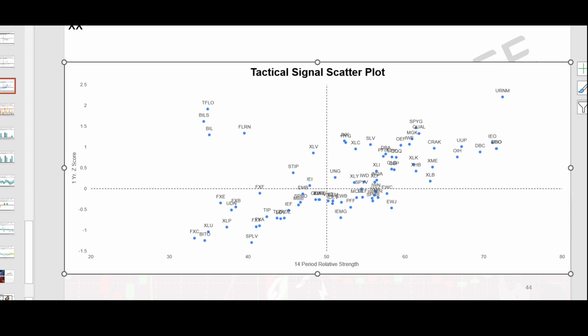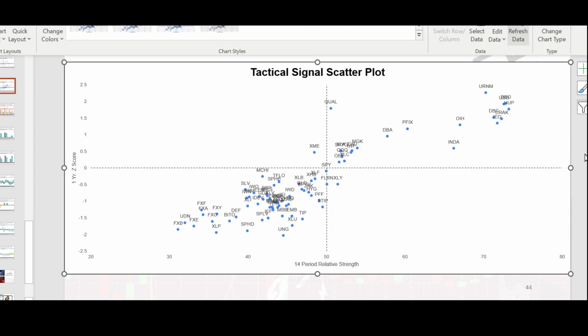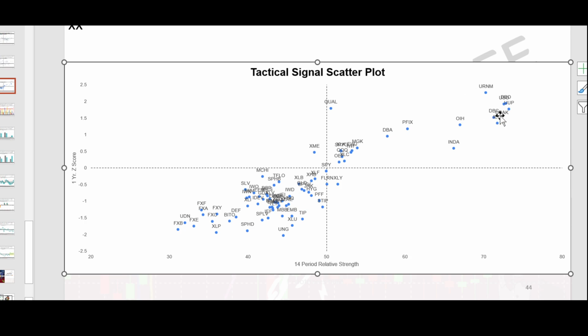But what I want to show you specifically is, if I update my chart, you can see up in the top right corner, you've got energy-related stocks, you've got uranium, and basically almost all of the oil-related stocks, as well as the dollar, that are overbought and have a +1 or more positive Z-score on a one-year trailing basis, which suggests that in terms of recent history as well as relative strength, there's room for these to come off.